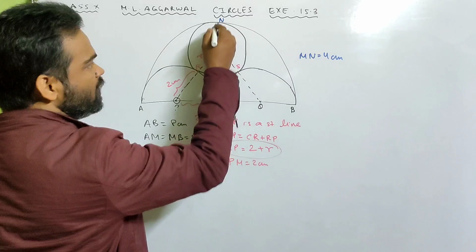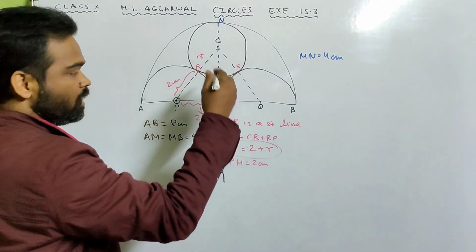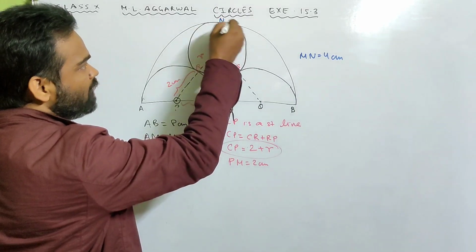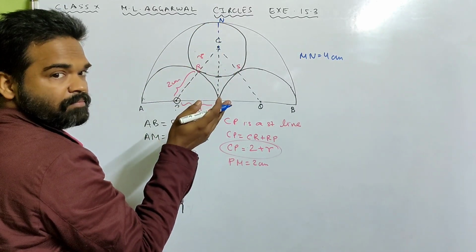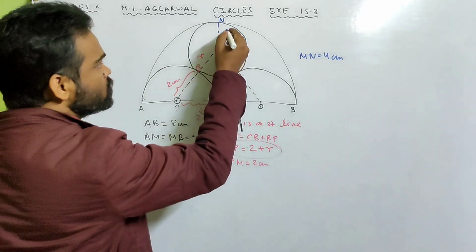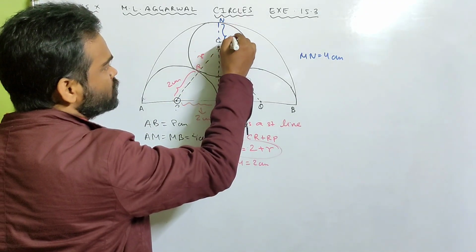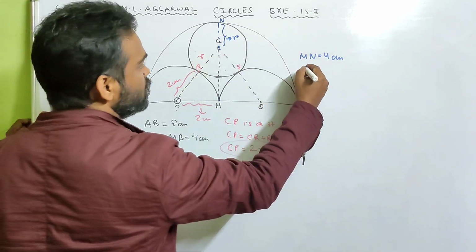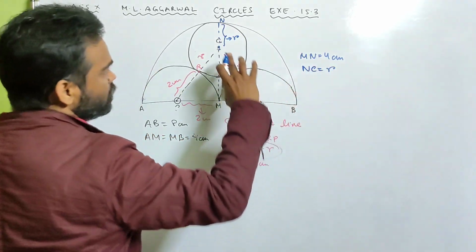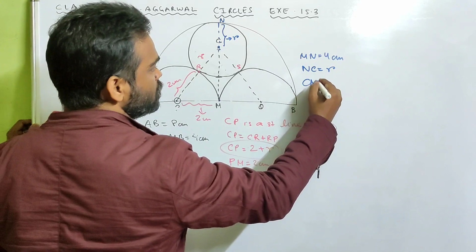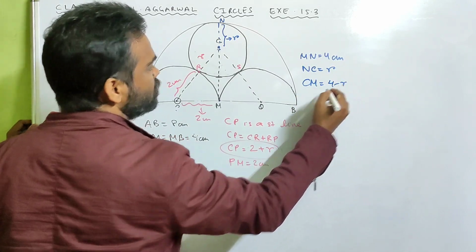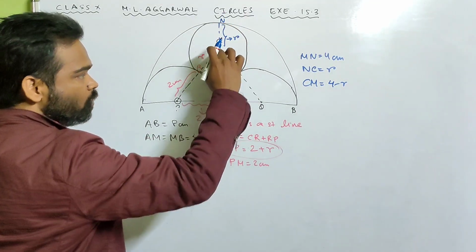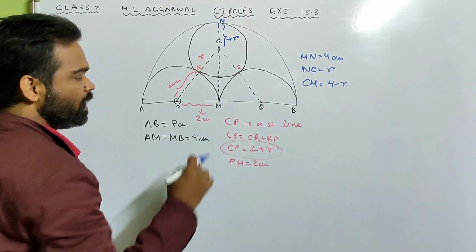Now MCN is a straight line which connects the center of this circle and the point of contact, N. Yes or no? So CN is the radius, which is r for this circle. NC equals r. Then what is CM? CM is 4 minus r. Quite logical. From here to here it's 4. From here to here is r. So what is this? 4 minus r.